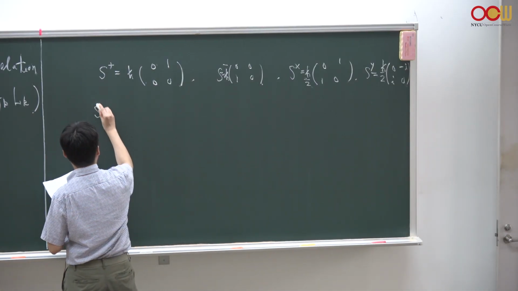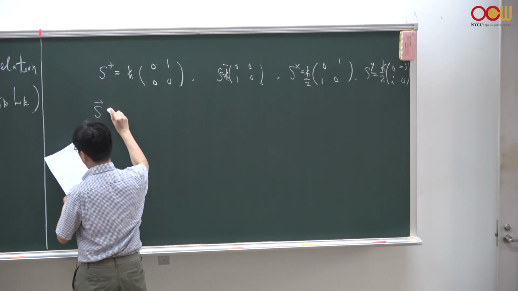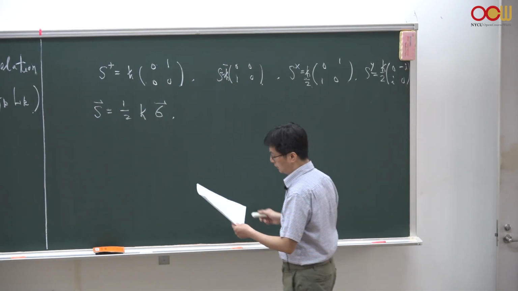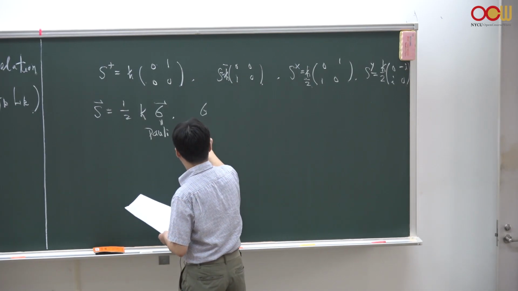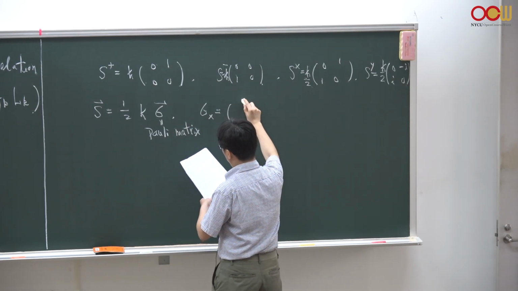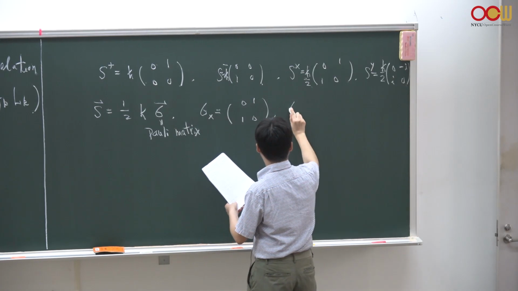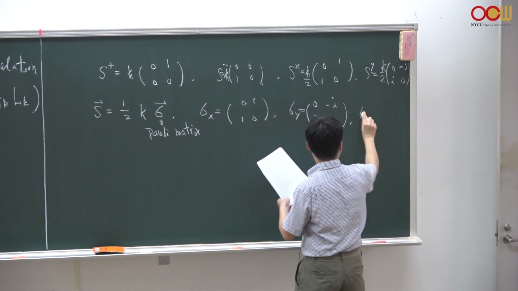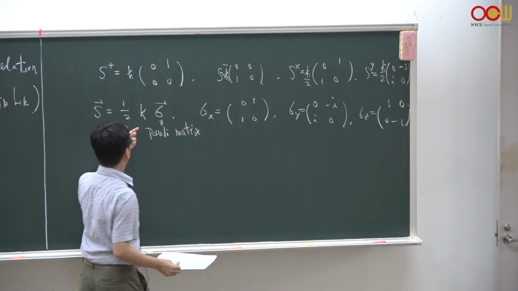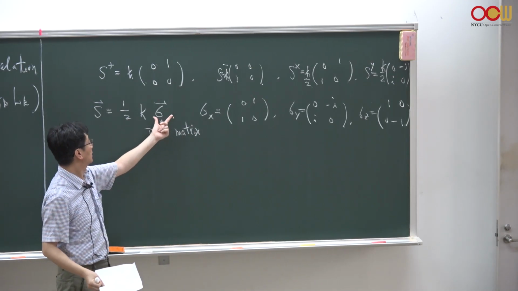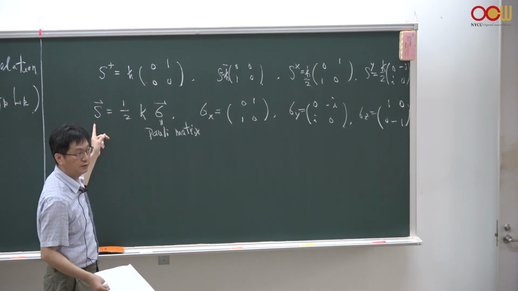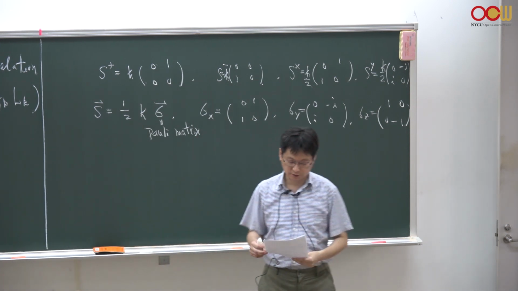And so you could express the spin angular momentum operator in terms of the so-called Pauli matrices. Okay, so sigma, the Pauli matrix, has three components: X and Y and Z. So you multiply this Pauli matrix vector sigma by 1/2 h bar, and you get the spin angular momentum operator.